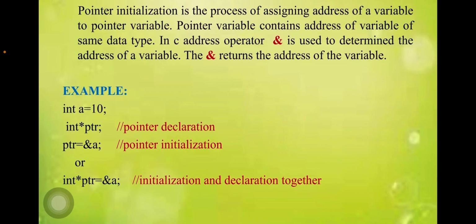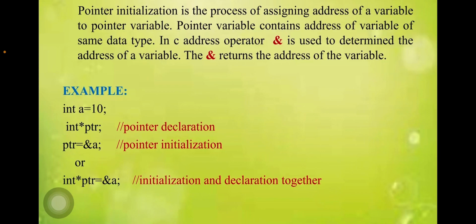And in the next statement, int star ptr, we are creating a pointer type variable named ptr, and this variable can hold the address of any other variable. As you can see, ptr is equal to address of a. Ampersand here is the address of operator.